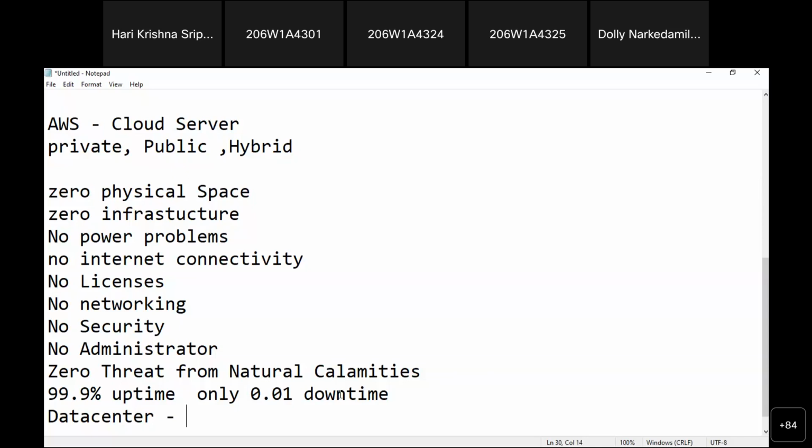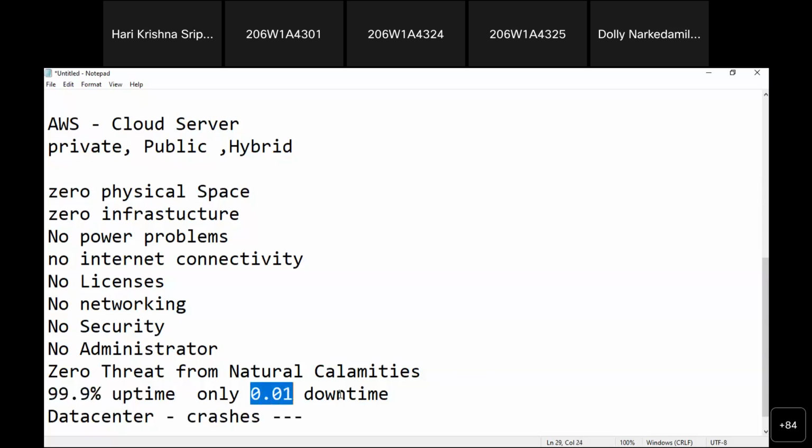For example, if a data center crashes, then all your data will be lost, right? It is not in a human's hand to control this. In some cases humans cannot be blamed, right? In the case of a data center crash, there is a possibility that you will lose your data. That is why they are telling us that they will provide only 99.9% uptime, so 0.01% downtime.